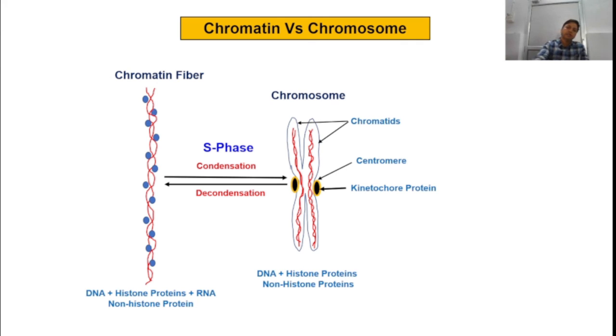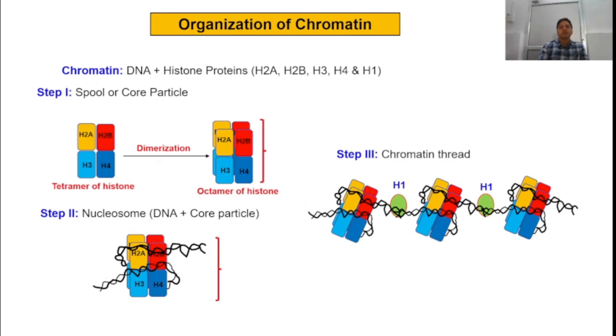At the molecular level, these chromatin fibers are made up of DNA and histone proteins. They are the major components. In the first step, they form a spool or core particle where four different histone proteins combine and form a tetramer of histone.